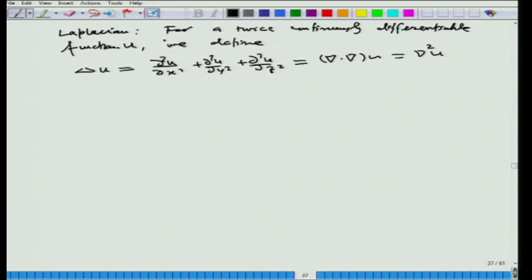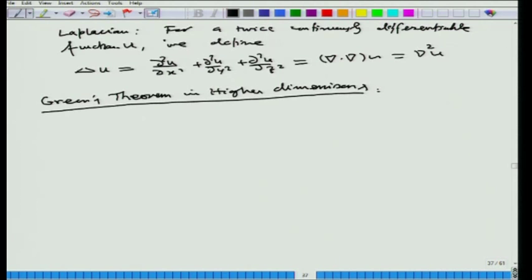Now, we go to Green's theorem in higher dimension. Recall that in 2 dimension we had seen this. In the x y plane you have some certain domain, and its boundary is, let us say, C, with its positive direction taken anti-clockwise.